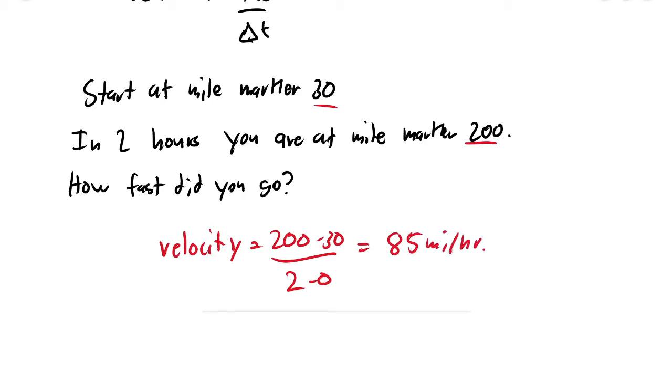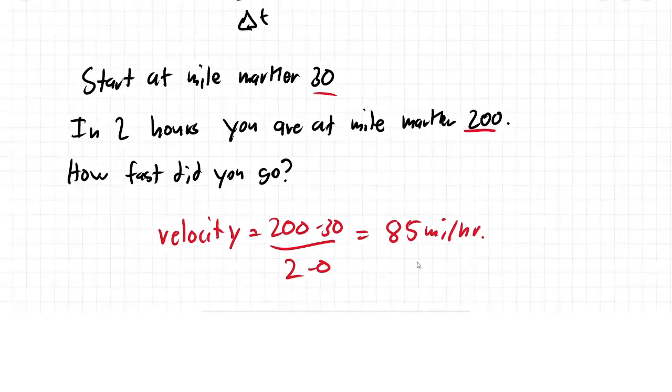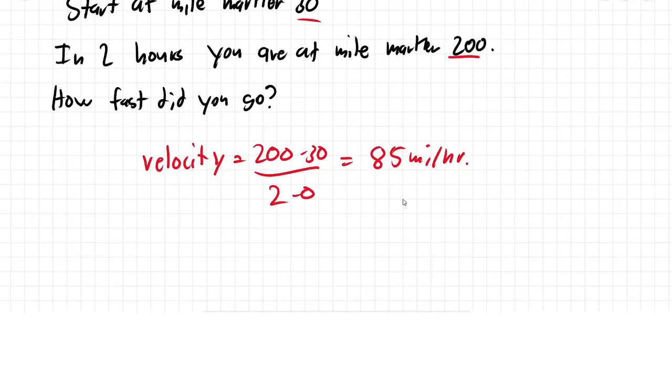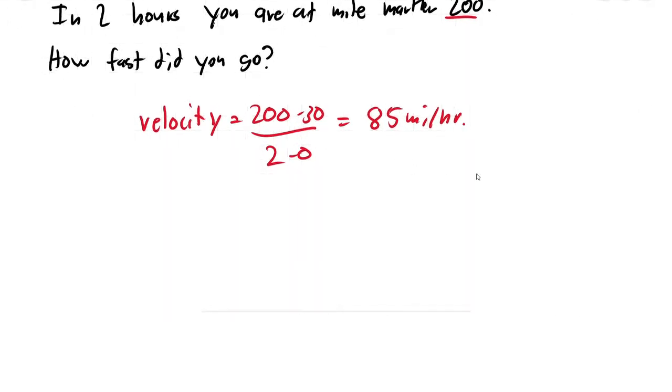But what is the issue here? The issue is that when you drive on the highway, are you always going 85 miles an hour? Is this constant? More than likely, the answer is no. Oftentimes, you're going to be speeding up, slowing down, moving at various speeds along the way.